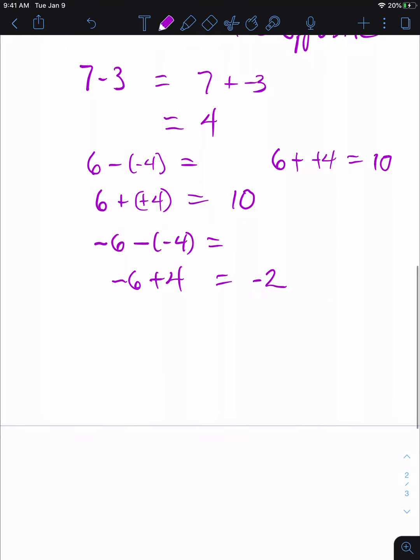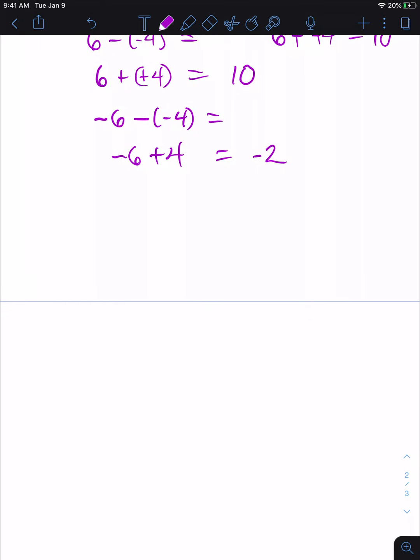The next thing to talk about is the fact that division is multiplication of the reciprocal. So if you're thinking of division, think about it this way: multiplication of the reciprocal. For instance, if I was to say divide 12 and 4, this is the same as saying 12 divided by 4.